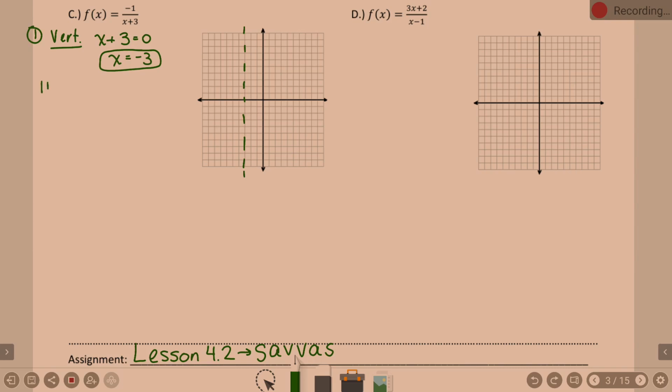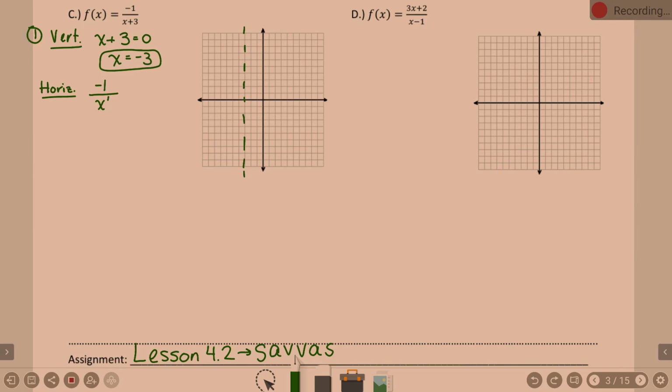Horizontal asymptote. How are we going to do the horizontal asymptote? Using the biggest powers, right? What's my biggest power on top? -1. I mean, it's an x to the 0 there. What's my biggest power on bottom? That x to the first, yes? Where is my bigger power?